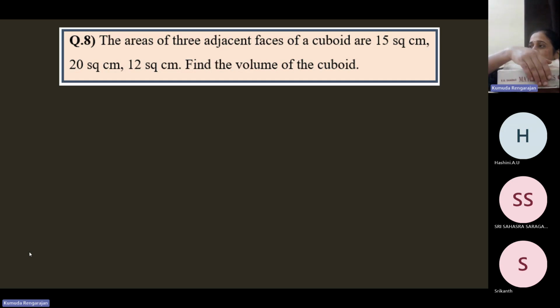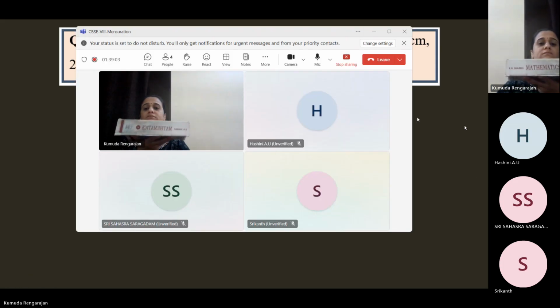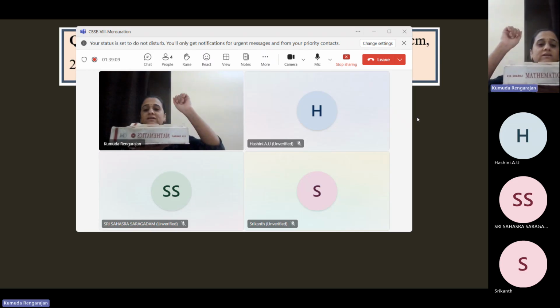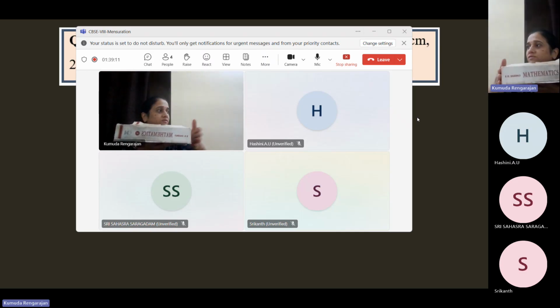So this is the front face, top face and the side face. This side face and this side face are identical. Front and back are identical. Right and left are identical.